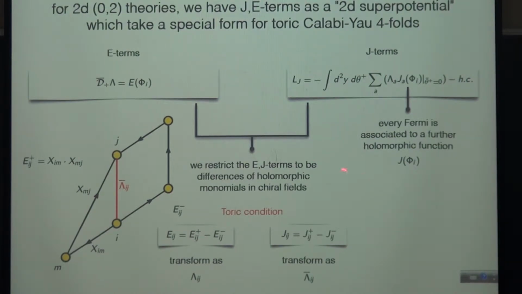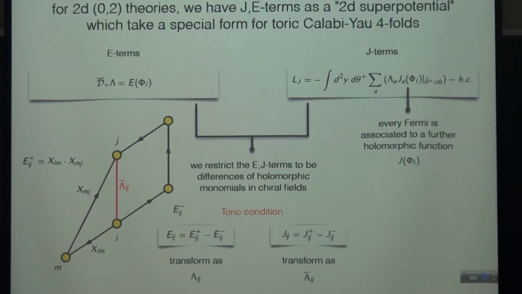These holomorphic functions can be restricted to be monomial relations in terms of chiral fields. This constraint we call the toric condition, and it severely constrains the class of 2D (0,2) theories we want to consider. So what do I mean by a monomial relation?